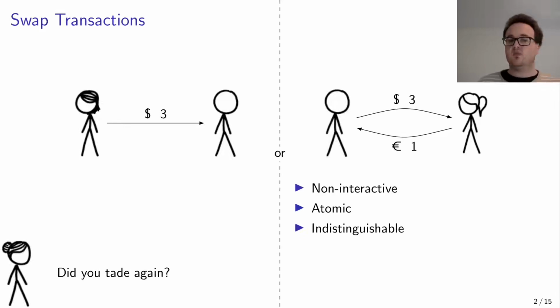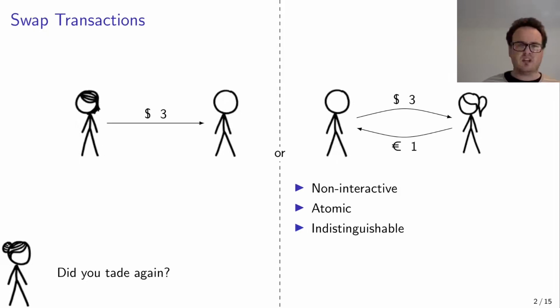And what we require on top, to make the system more trading friendly, is that these swap transactions should be indistinguishable from normal, non-swap transactions. This helps the anonymity, as there is no distinguishing between a swap and a standard transaction. They all share one anonymity set.